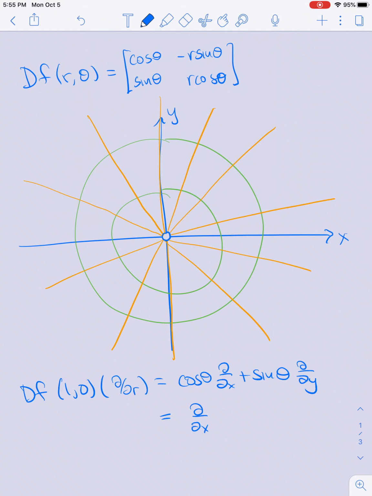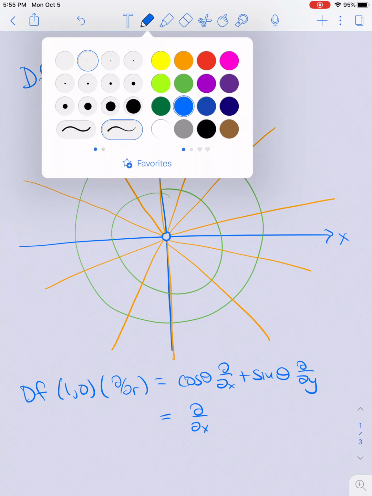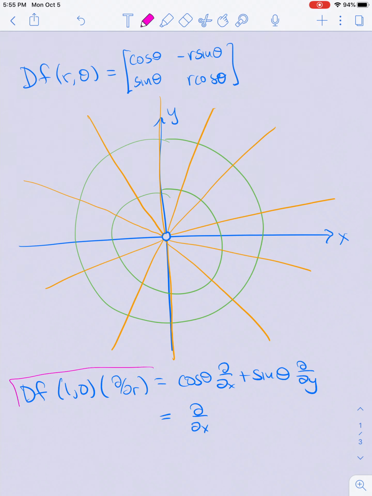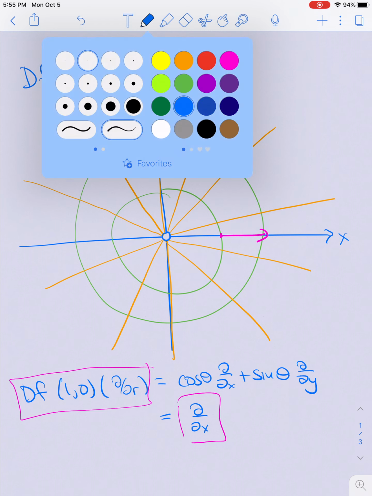So when I draw the image of this vector, let's draw it in pink, that's just 1 unit going that way, and I'm starting it at the point 1, 0 in our r theta coordinates, which turns out to be 1, 0 in xy coordinates. But we'll see some points where that's not the case.